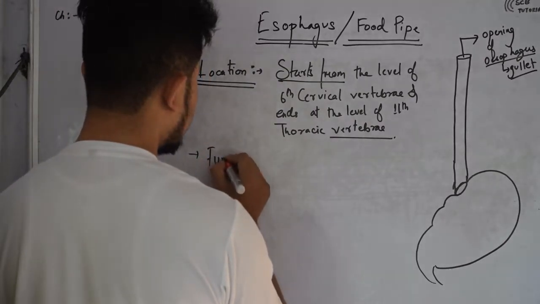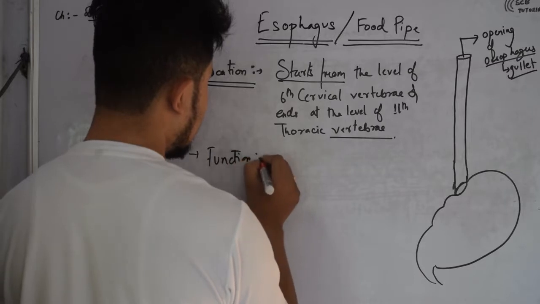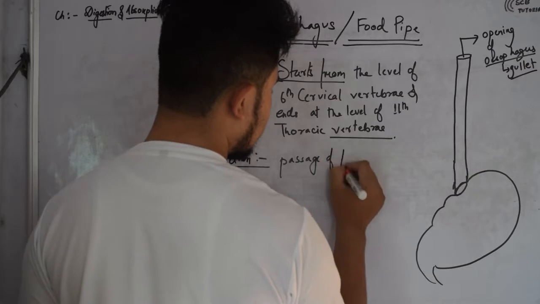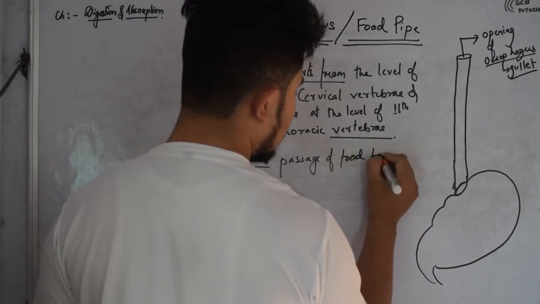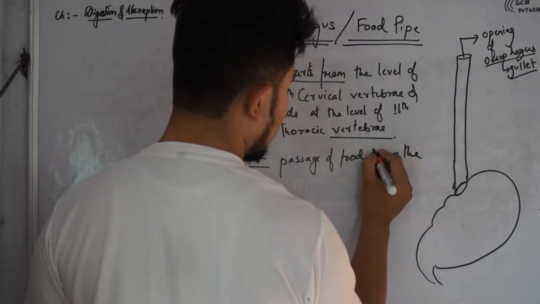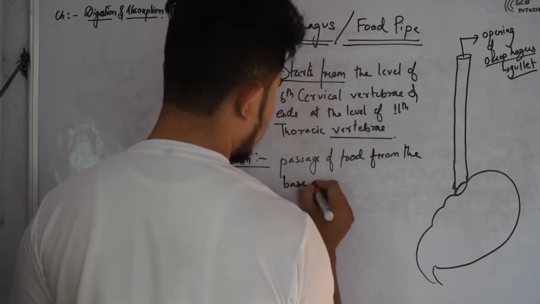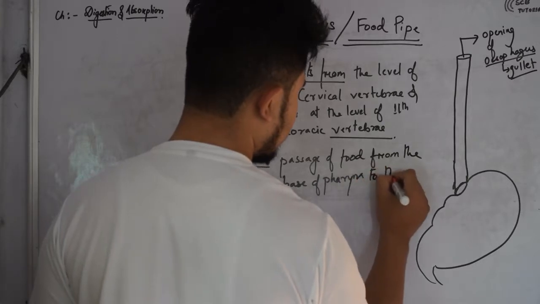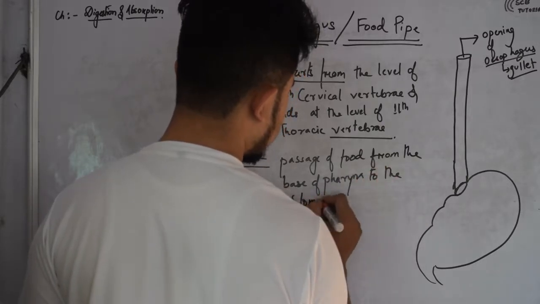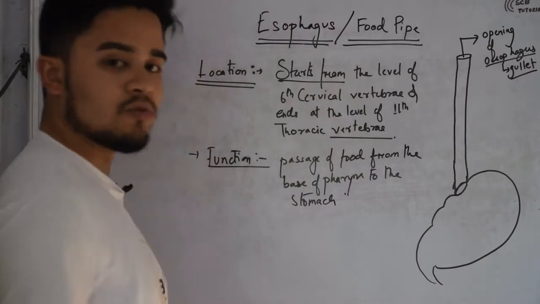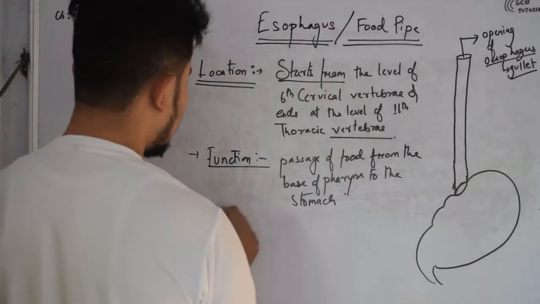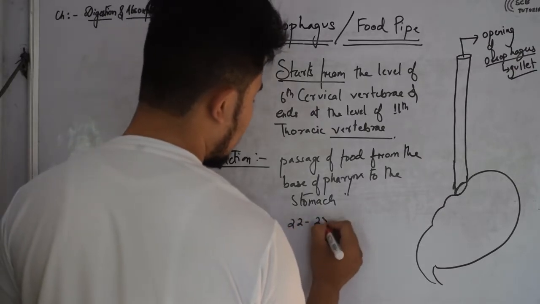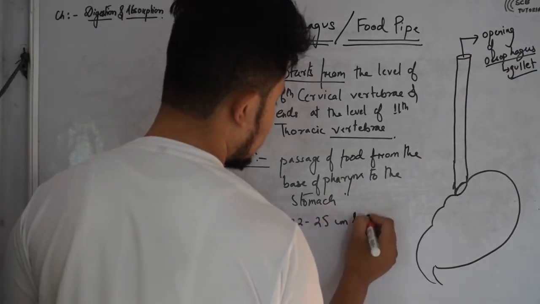What is the function of the esophagus? It helps in the passage of food from the base of the pharynx to the stomach. The length of the esophagus is almost 22 to 25 centimeters. In an adult it is almost 25 centimeters long.